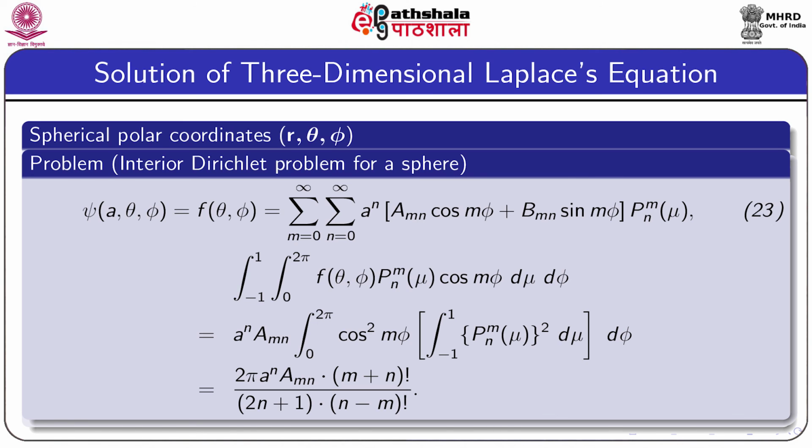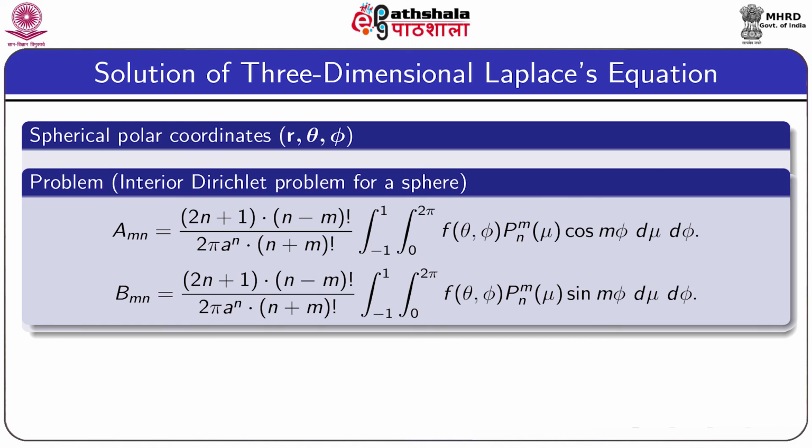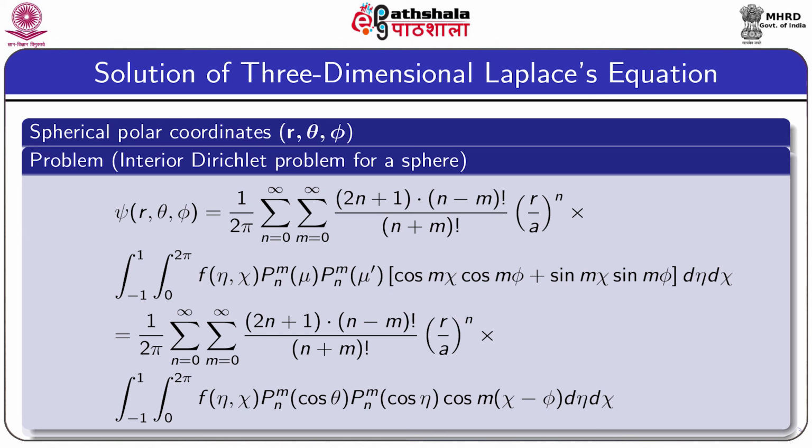Similarly, to obtain the value of b mn, we need to multiply both sides with the expression sin m phi and P n m mu. So, that will give the expression for b mn, which is written here. So, we can obtain both a mn and b mn in this way.